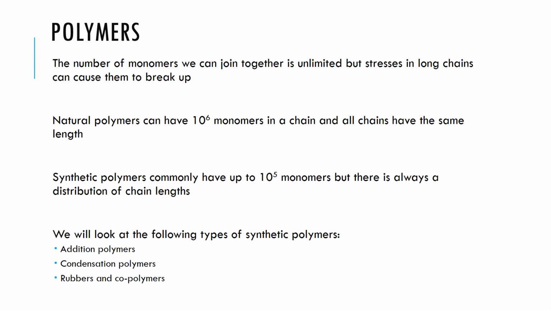We can make polymers. Generally, you'll find, if you look in the literature, that synthetic polymers tend to have around about 10 to the 5 monomers in their chains on average. But importantly, there's always a distribution in chain length, and that's down to the synthetic processes that we use as chemists to make the polymers, and the fact that we're just not as good as Mother Nature.